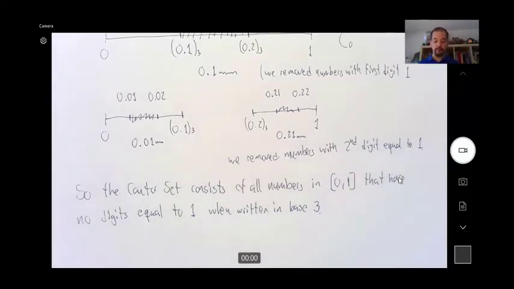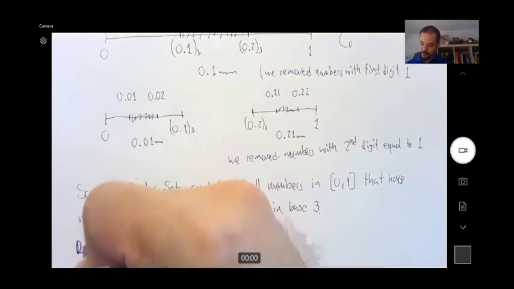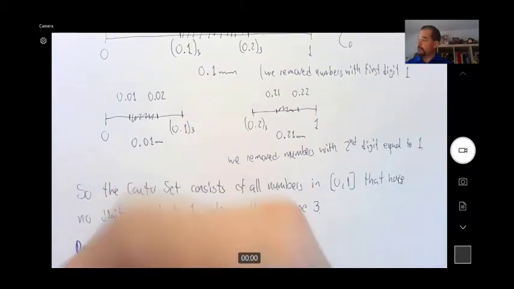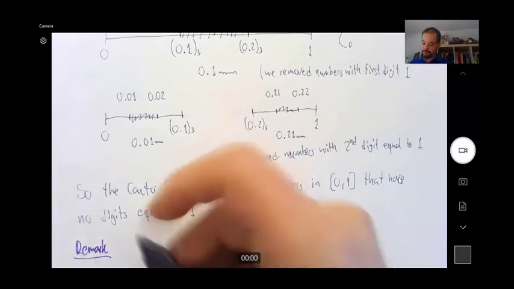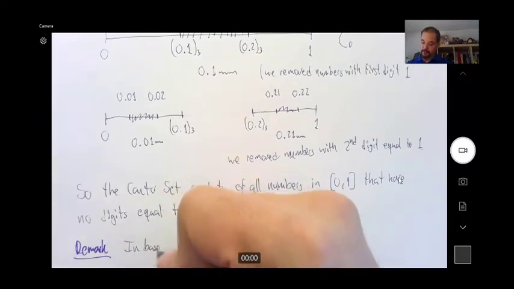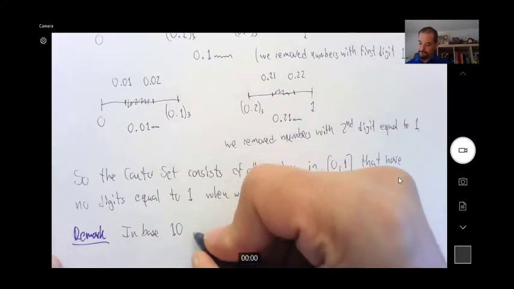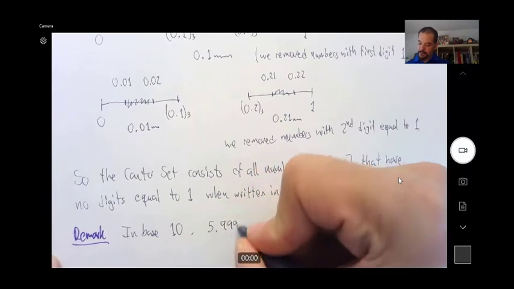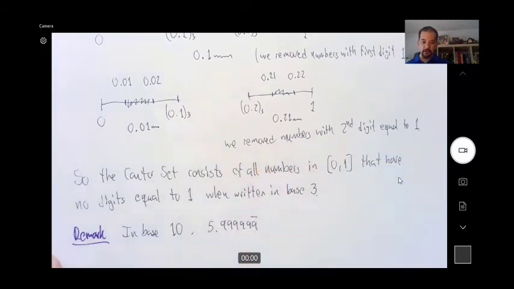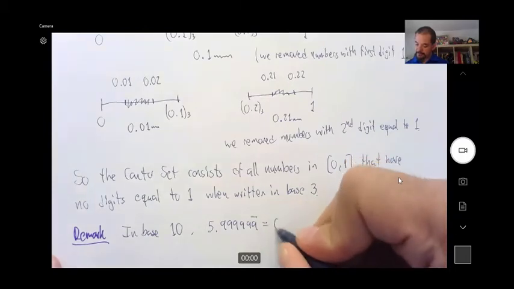You may remember also from your homework problem that a number actually has two different representations. In base 10, you can have a tail of 9s. So this is like an aside. Remark, in base 10, you may remember, this number, 5.9999999, etc., a bunch of 9s, is the same as 6.